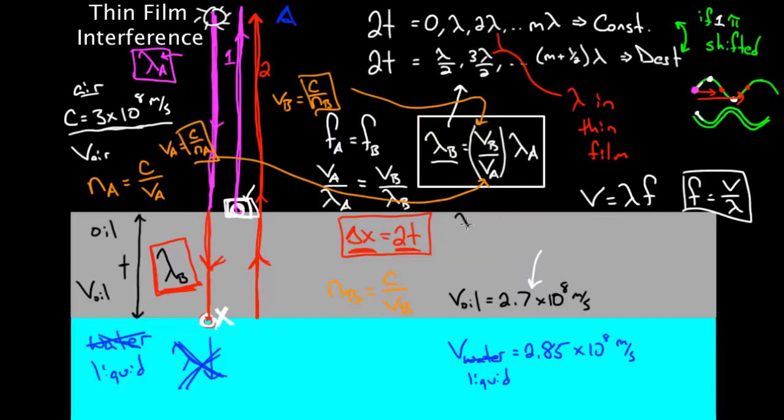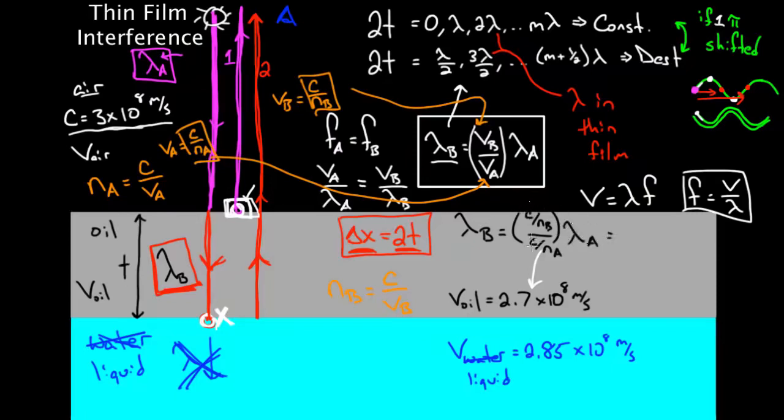That new condition would say that wavelength in B equals, well, look, C over NB is what I get, C over NB divided by C over NA from this condition, times lambda A. I can simplify that.